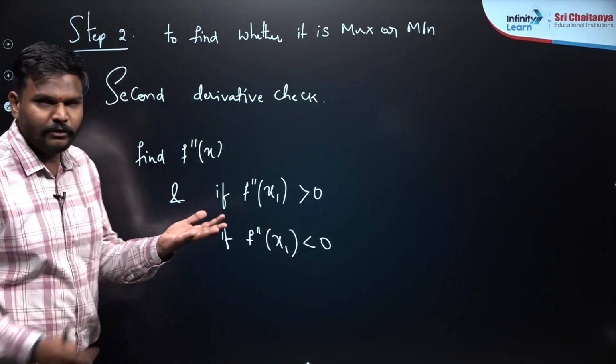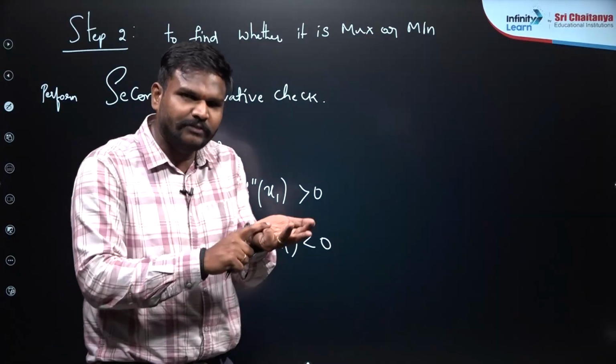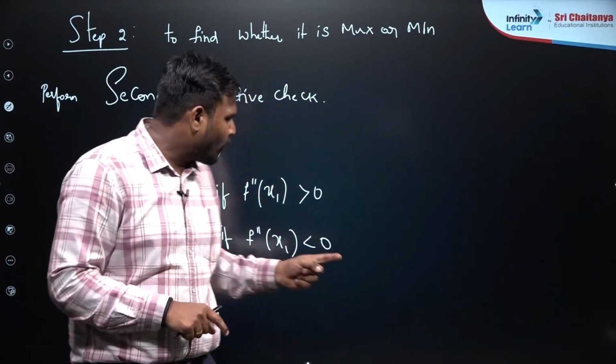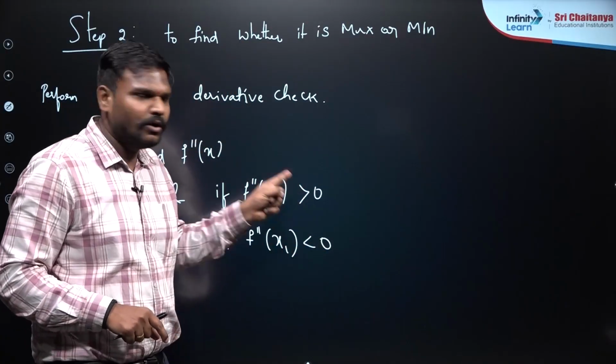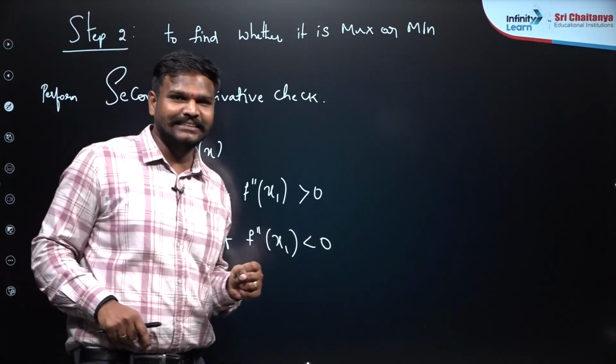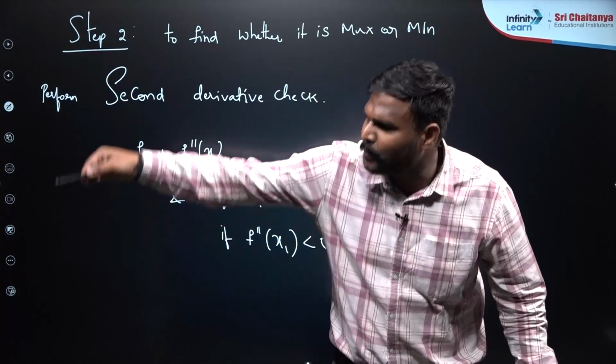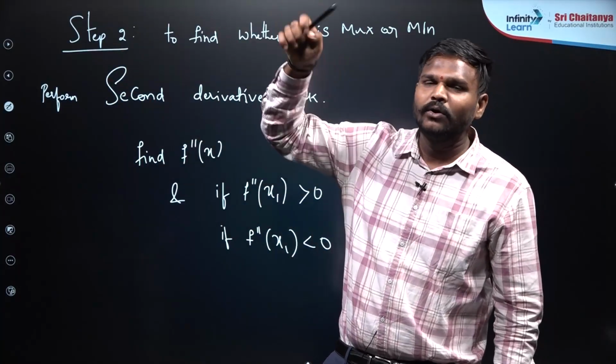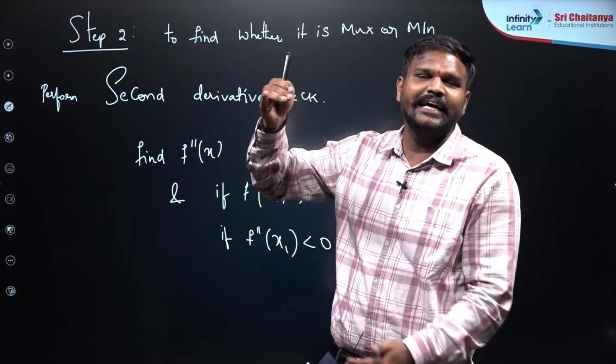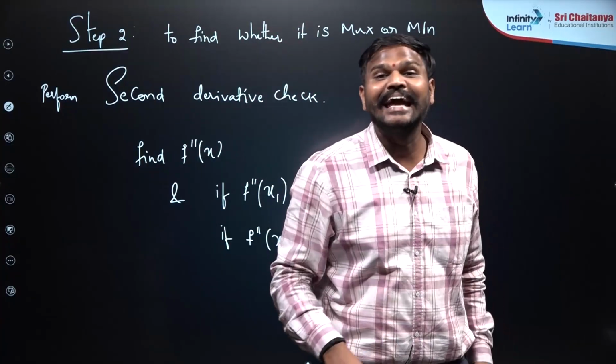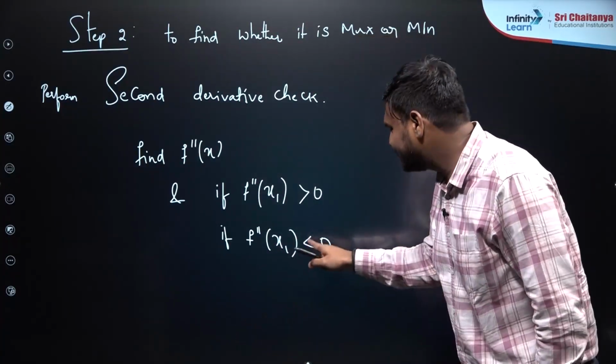If you go, either you will get the second derivative as positive or negative. Positive means greater than 0, negative means less than 0. And at maxima point, the derivative of derivative, that is second derivative, will be negative, that is less than 0.